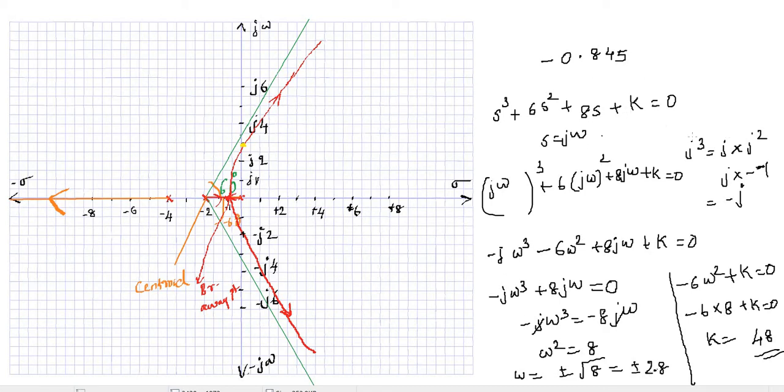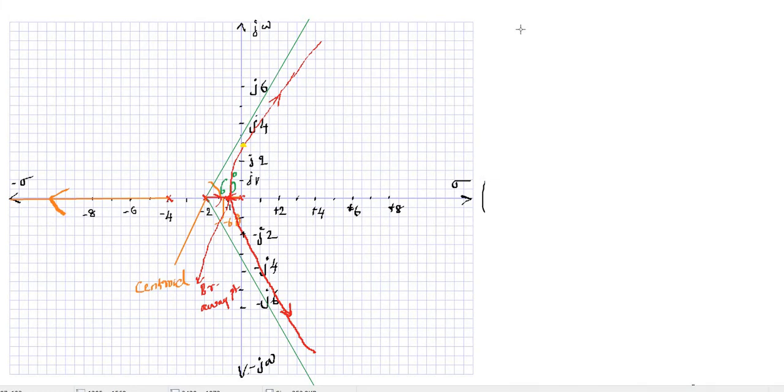That means the crossing point of the root locus with respect to the imaginary axis, we got corresponding to omega is equal to plus or minus 2.8, that is plus or minus j 2.8.